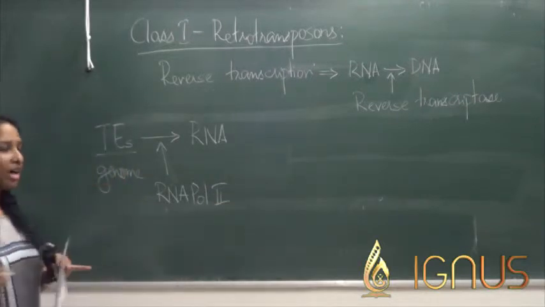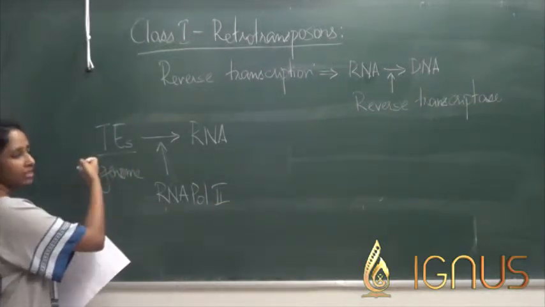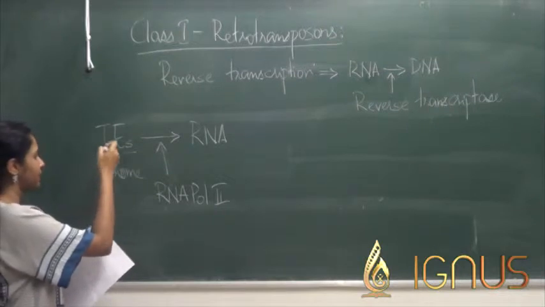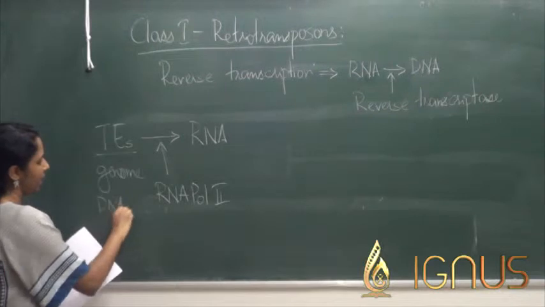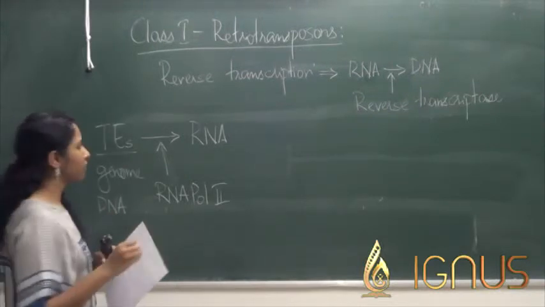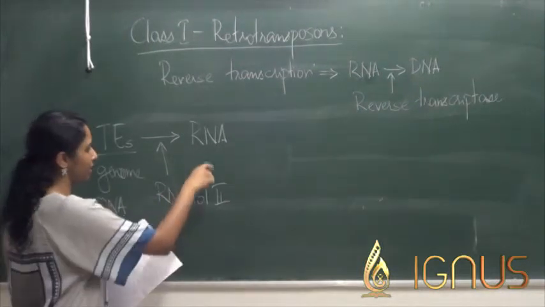So with the help of RNA polymerase 2, the transposon which is there on the genome, in the form of DNA, is going to get transcribed to RNA.